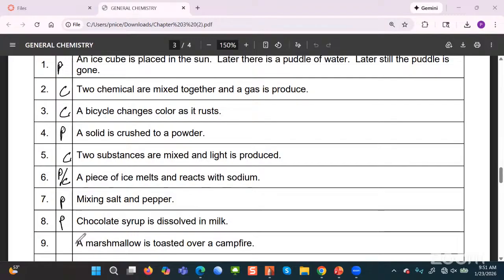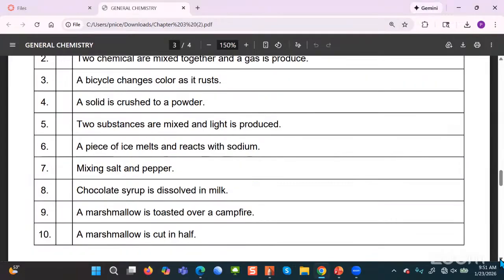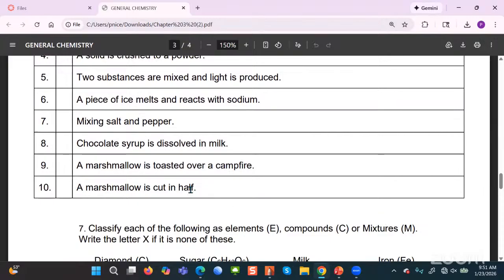Physical. A marshmallow is toasted over a campfire. Chemical. And then let me clear this, see if there's anything more down here. Marshmallow is cut in half. Physical. Okay, very good. All right.